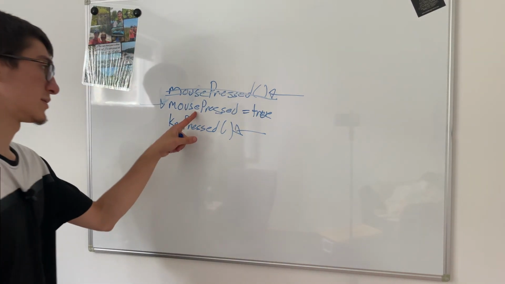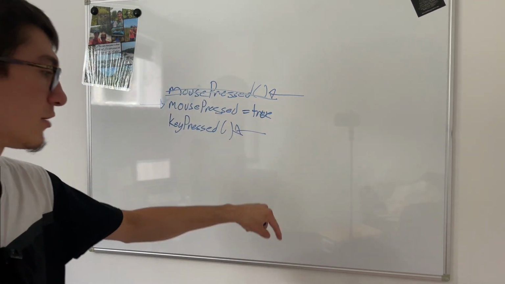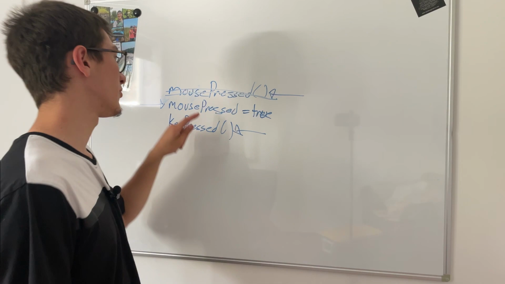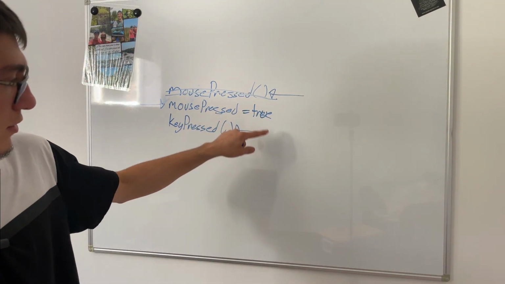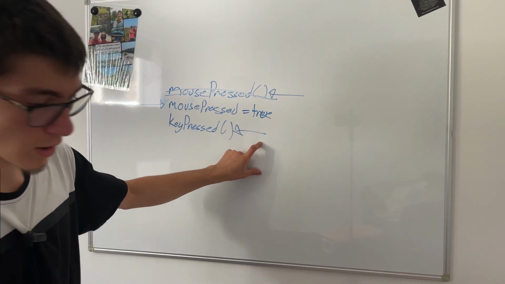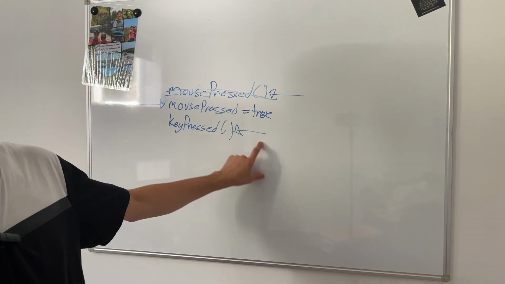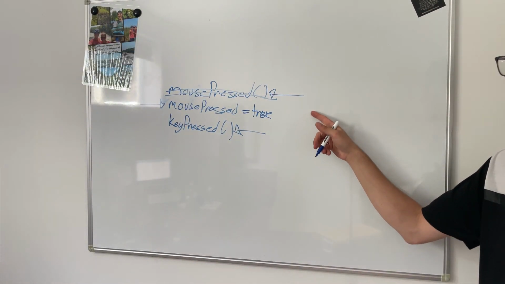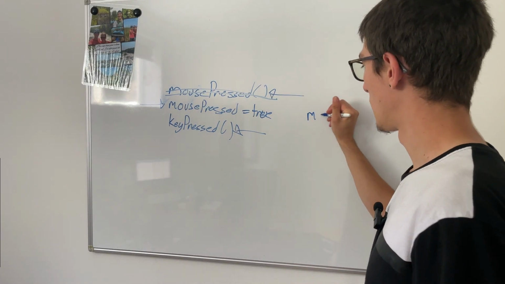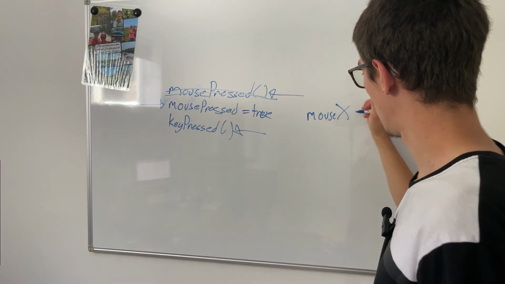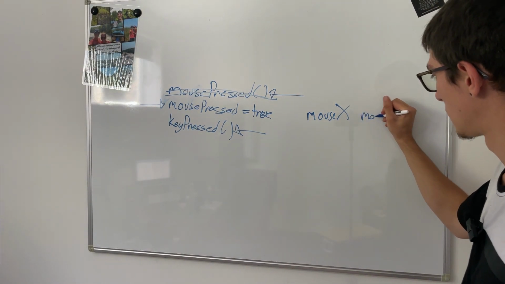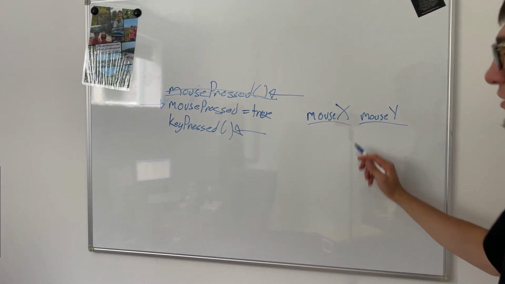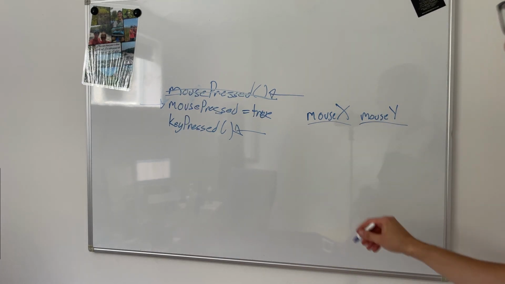We'll be using mouse pressed to know whenever we're clicking the mouse, and then we'll have an if statement. So if that is true, then we draw, I don't know, circles at that specific position where the mouse is. In conjunction with this, we will also be using mouse X and mouse Y. These are two other variables that we will need to get the position of the mouse currently, right?